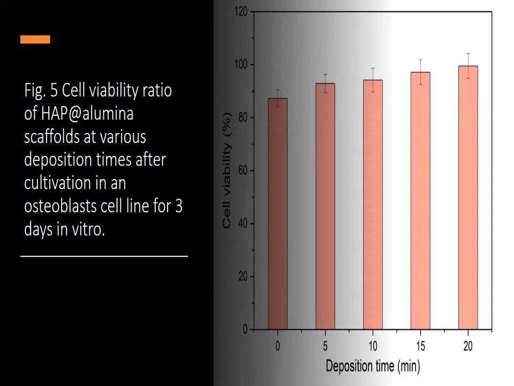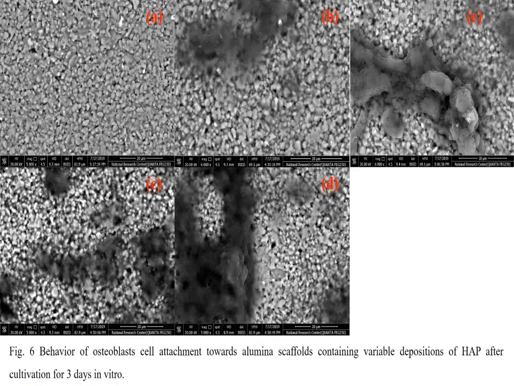It could be noticed that the minimum ratio was recorded at t equals 0, which was about 87%, and increased upon the addition of hydroxyapatite on the surface of alumina, reaching 99.5% at the highest deposition time of 20 minutes.